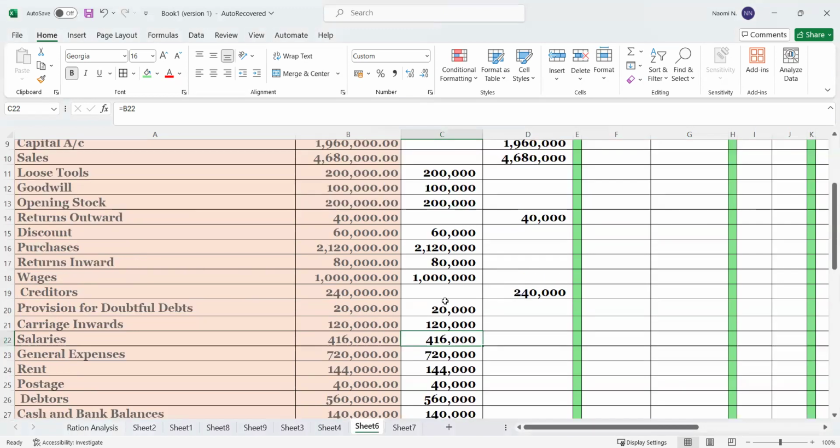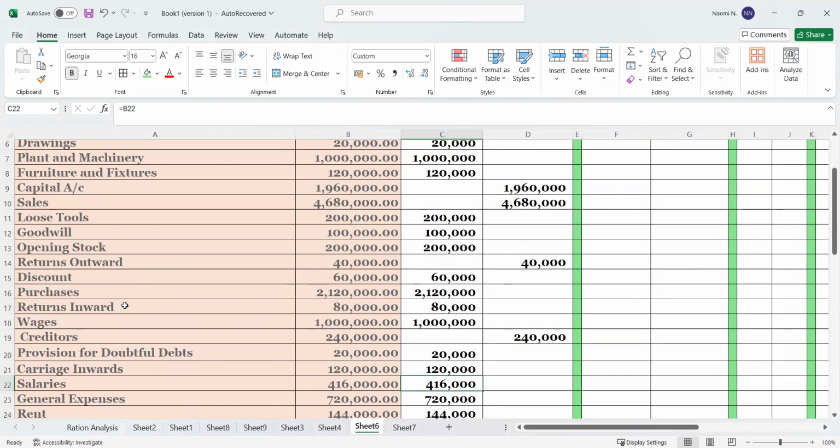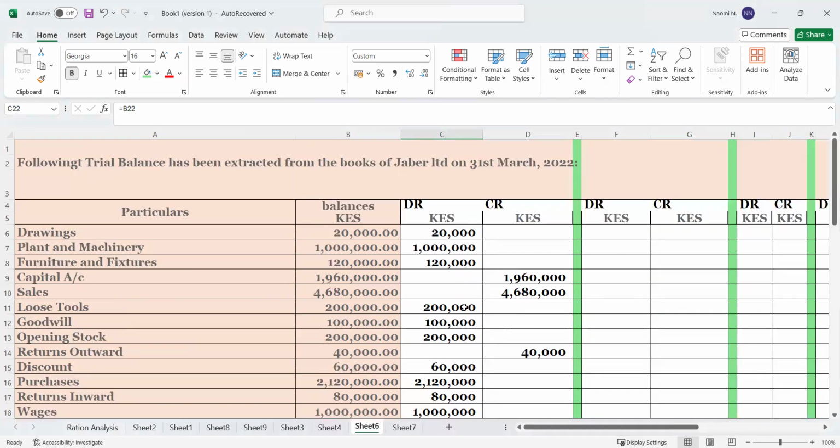Sorry for this. So carriage inwards is an expense. It is an expense where you transport your goods from the supplier to your own premises. So that one has a debit entry. Then we were here somewhere, return inwards. Return inwards is where you sell goods and they are returned back to you. So of course they will affect your sales and will have a debit entry.